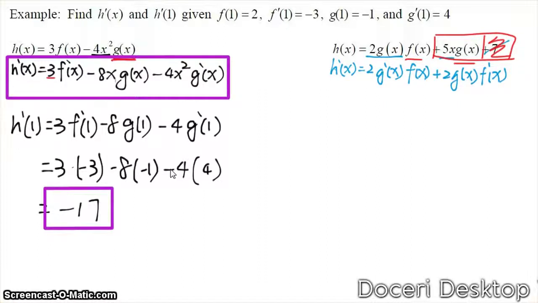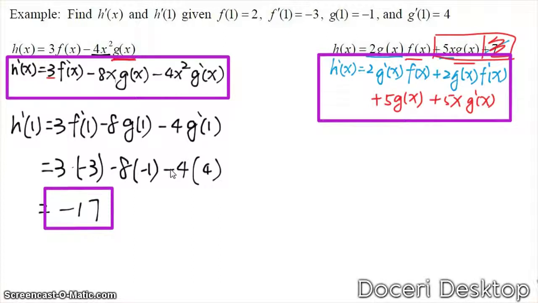Second part: plus 5 g of x plus 5x, which we don't touch anymore, times g prime of x. Now we got our first answer right away.